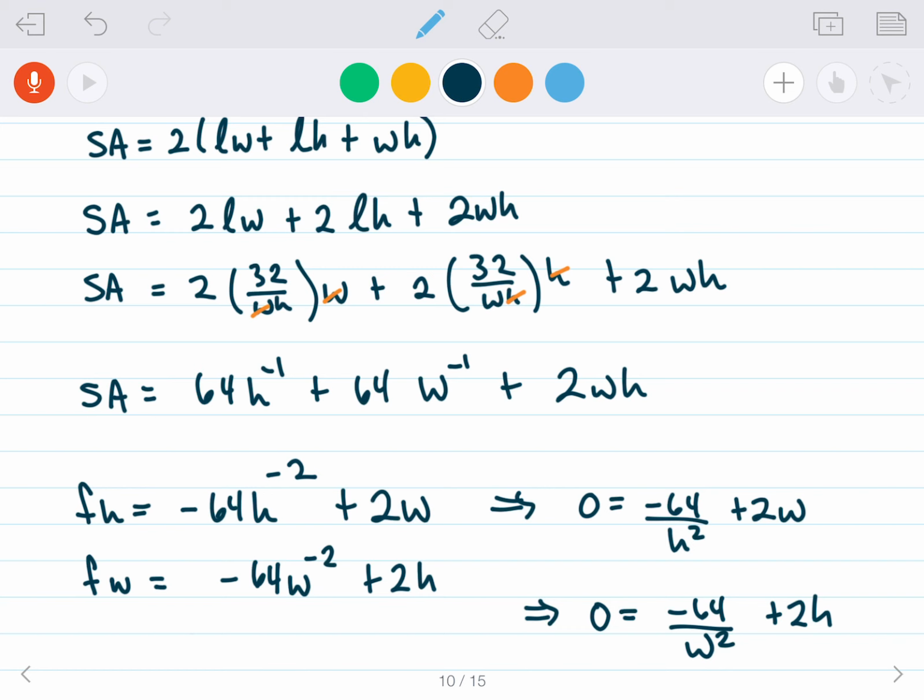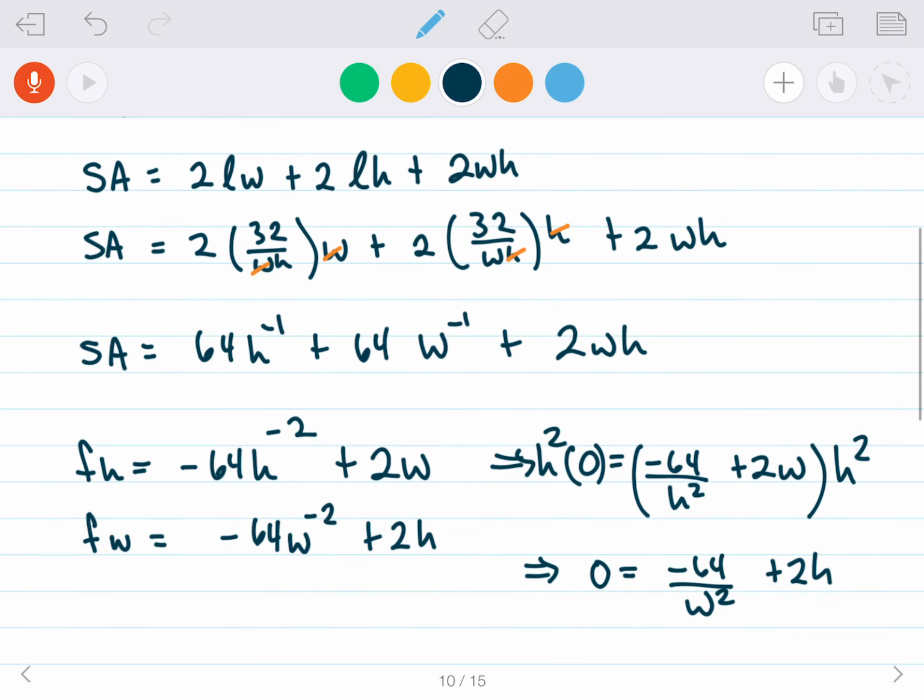Okay, so what should I do here? I can take the first equation and multiply both sides by h squared, because I know that h isn't going to be 0. That would give a very trivial case where length, width, and height are all 0. Let me write the second equation over here: 0 equals negative 64 over w squared plus 2h.